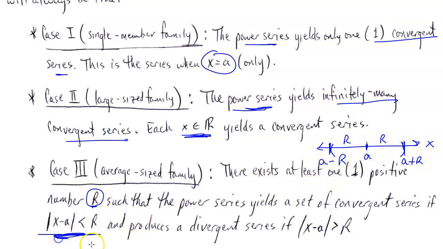So looking at a, if we go out a distance of r in either direction, all those x values will produce infinite series that converge, and anything outside of that interval will produce an infinite series that diverges. Hence, the absolute value of x minus a is greater than r.